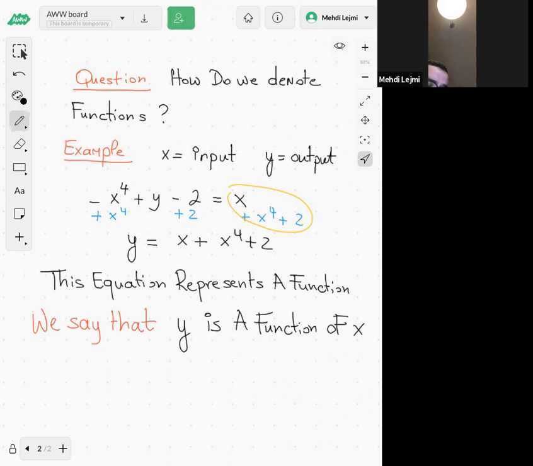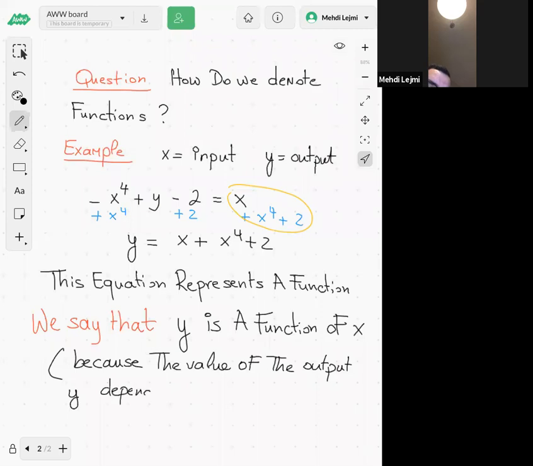Because the value of the output Y depends on the value of the input X. Of course, X and Y in general are not the same, right?